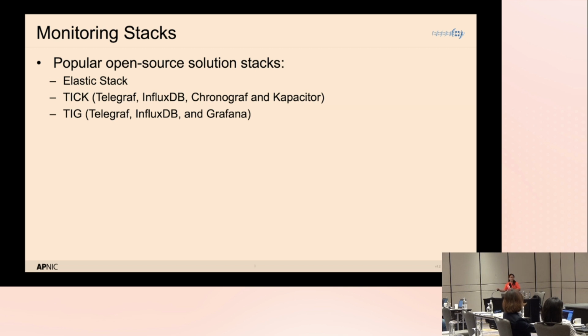So it's easy to integrate. I think most of us are familiar with the Elk stack or the Elastic stack. But here we also have the TICK stack, which uses Telegraf, InfluxDB, Chronograf, and Kapacitor. Or if not that, we use Grafana for outputting the information, usually in a graph format. Telegraf actually has a bit of that support already in itself.